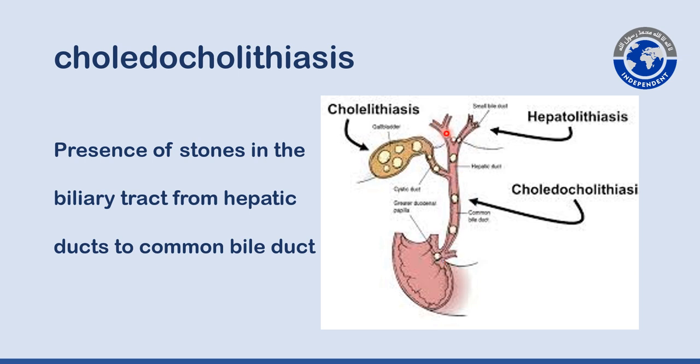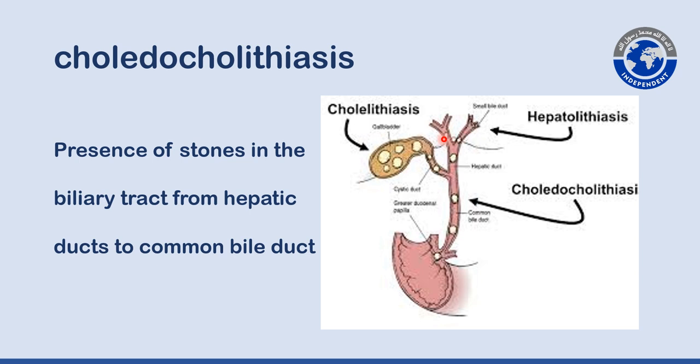So stone anywhere in these ducts is called choledocholithiasis, and just to remind you, stone in the gallbladder are called cholelithiasis. So again, choledocholithiasis can be stone in the biliary tracts.